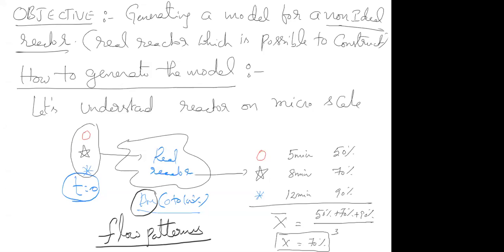Or first understand this one. Let's understand this, then I'll explain that topic next. Have you understood this? Have you understood the reactor on a micro scale? So now I have a stream of particles. I send it to this reactor and I'm getting, let's say, 70% conversion.